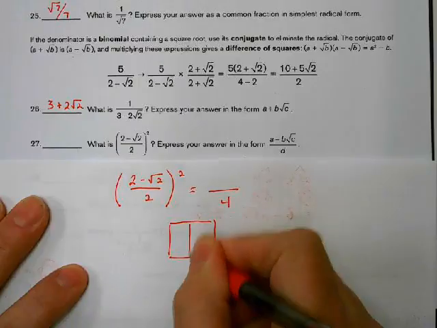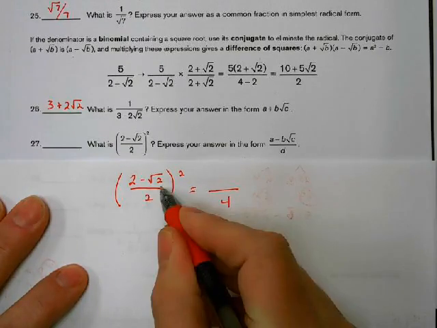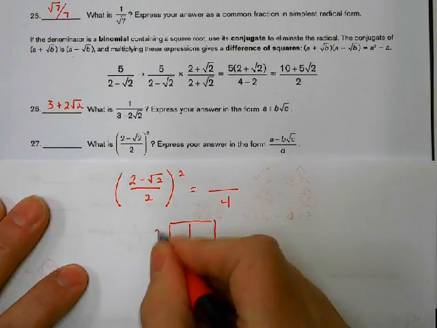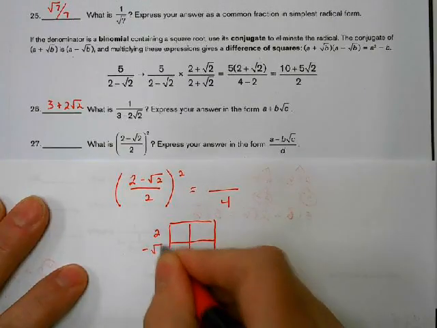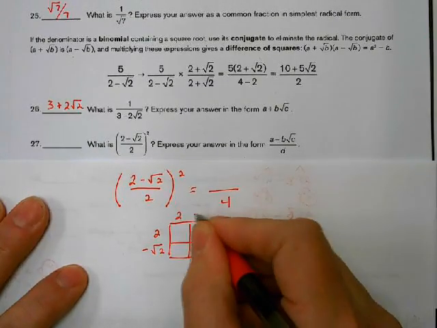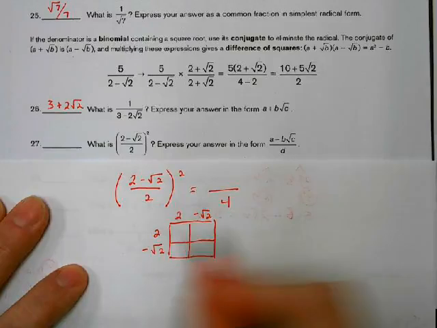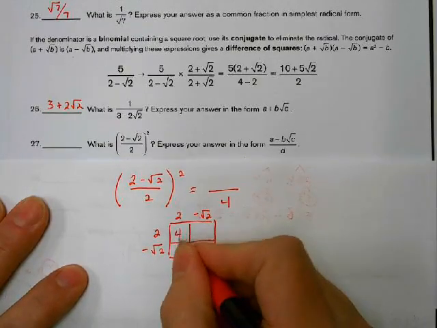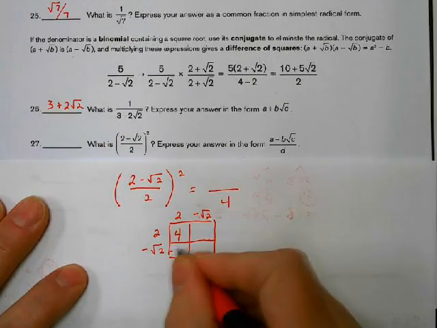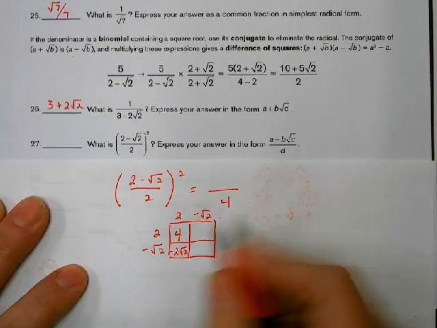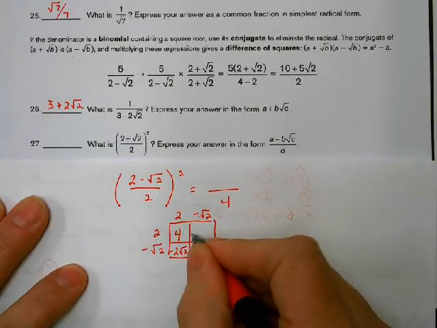So if I take 2 minus root 2 squared, that's the same thing as saying 2 minus root 2 times 2 minus root 2. 2 times 2 is 4. 2 times negative root 2 is negative 2 root 2. 2 times negative 2 root 2 again is negative 2 root 2.